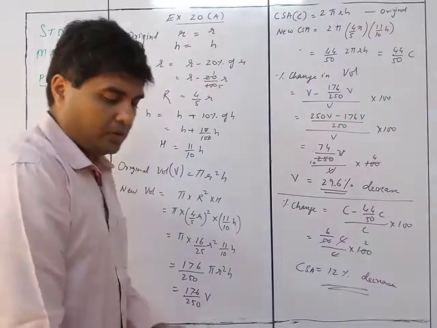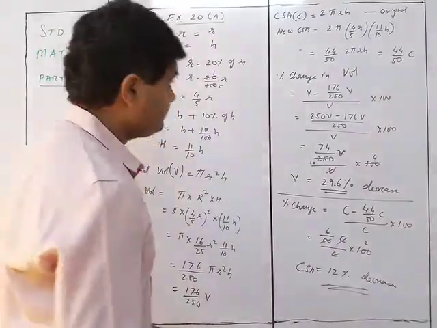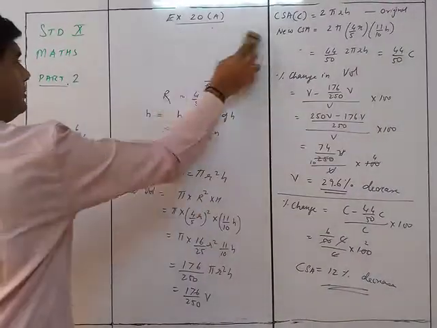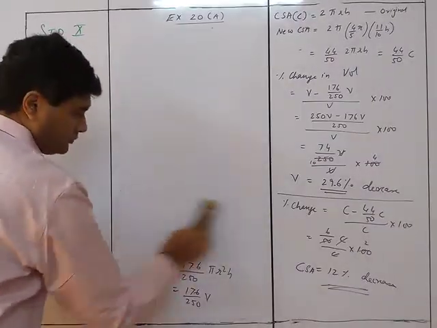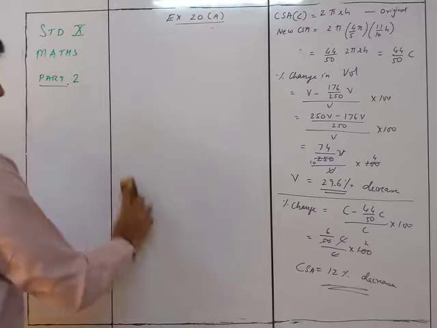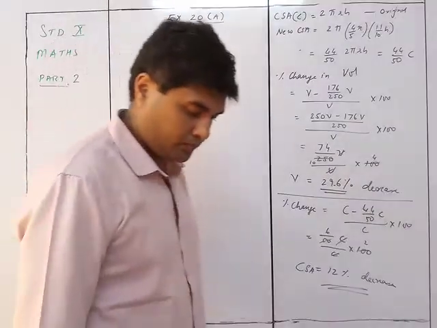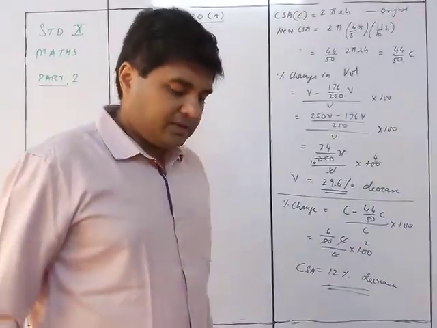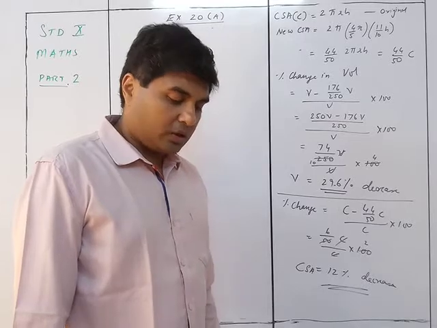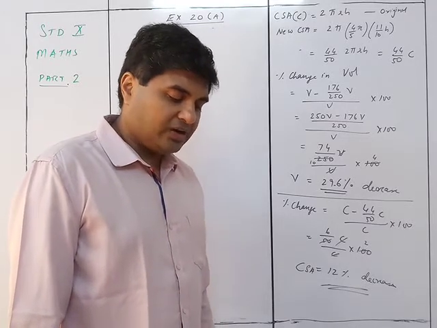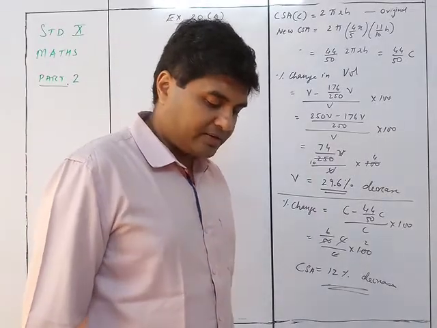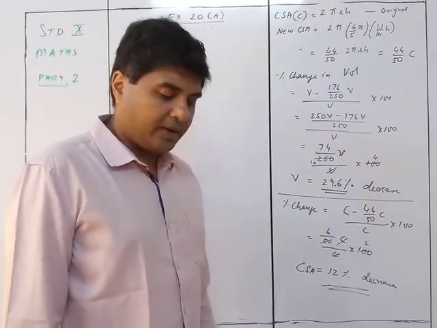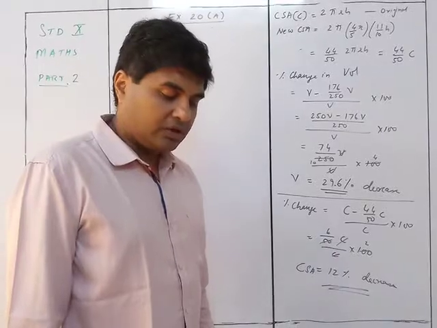Okay. We move on to sum number 15. 3080 centimeter cube of water is required to fill a cylinder completely, and 2310 centimeter cube of water is required to fill it up to 5 centimeters below the top.